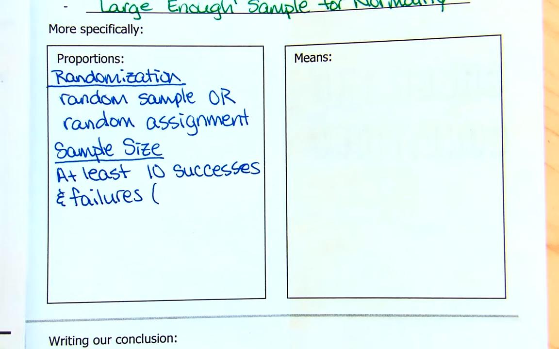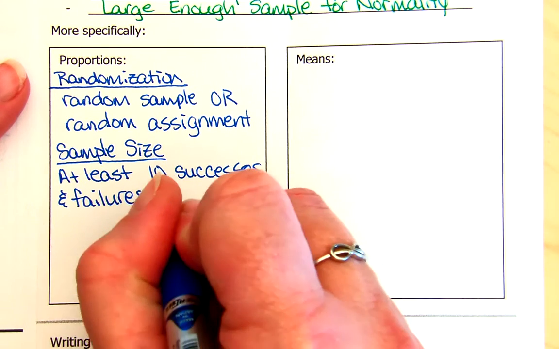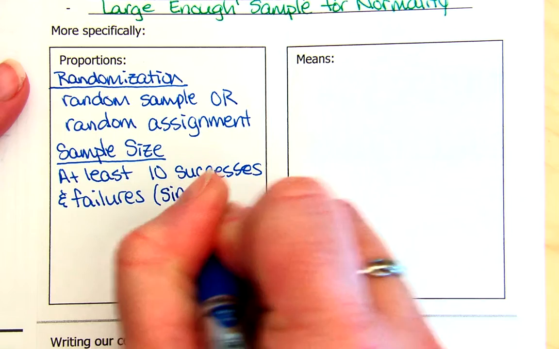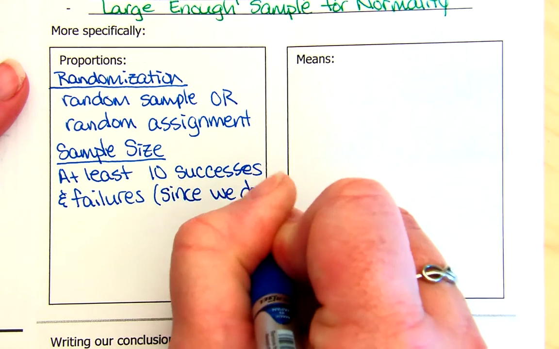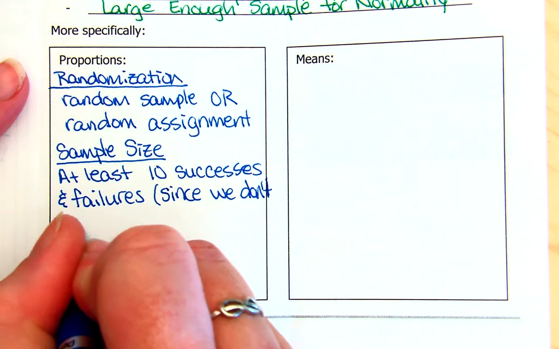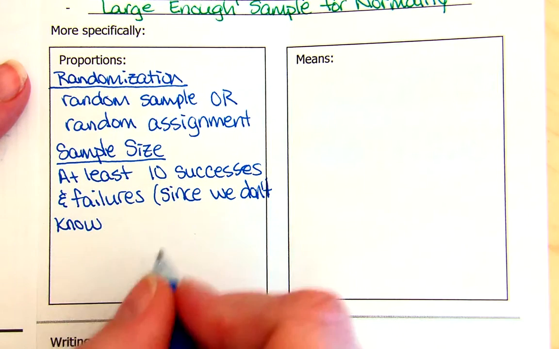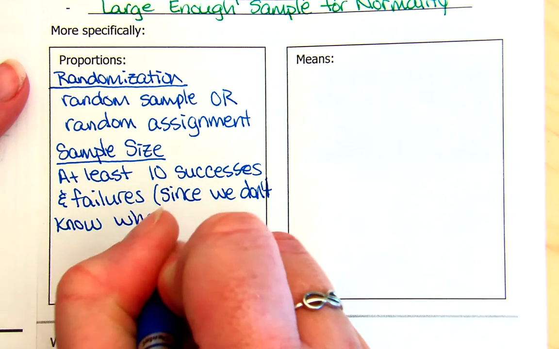But this is the one I told you there was one condition that was slightly different, and this is the one that's a little bit different. Because since we don't know what to expect, because we don't have a population proportion, that's what we're trying to estimate. If we knew it, we wouldn't be doing this. So we don't know what to expect.